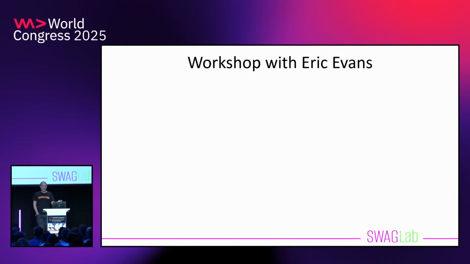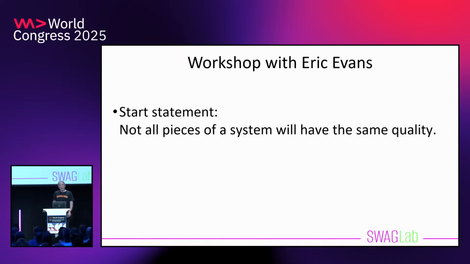And I was sitting there, and the first statement that Eric made was, well, if we have some software project, then not all parts of the system will have the same quality. And this is, on the one hand, trivial, but on the other hand, this has some implications.